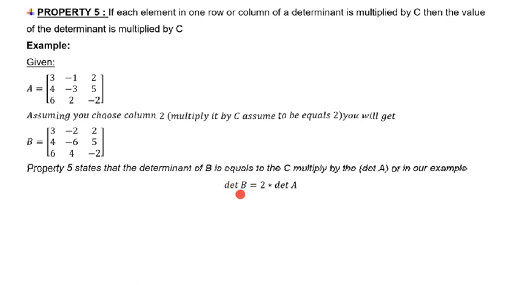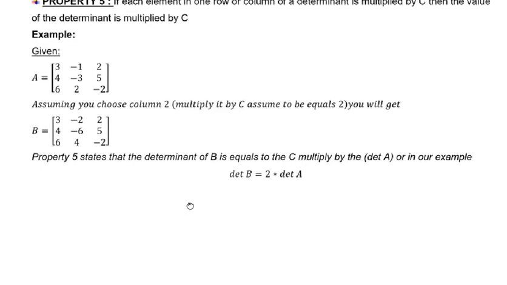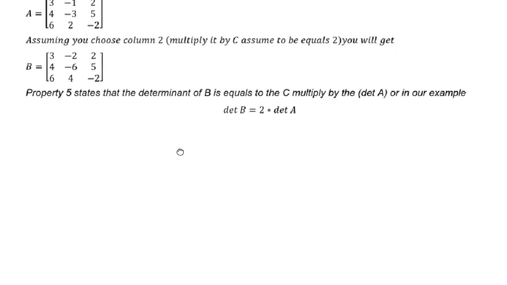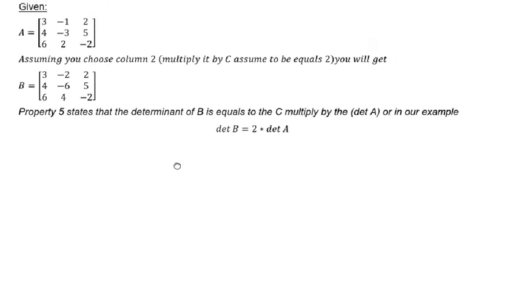Since yung 2, yan yung value ng C na minultiply natin dito sa column 2 ng determinant A para makuha natin yung element ng column 2 ng determinant B. So, ipakita natin that this is correct or true, that the determinant of B is equal to 2 times the determinant of A.